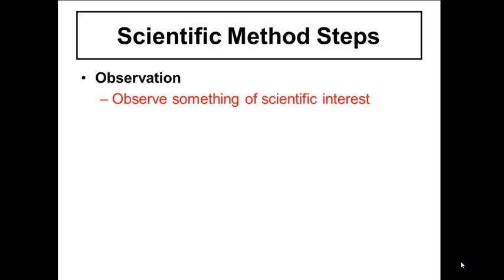The steps that are involved in this systematic process are key. And there are steps that you and I use when we say, hey, man, the light bulb is not working. What's my hypothesis? What's the experiment I'm going to use? These are the steps in the system that we're going to use to answer our questions. It all starts out with that observation. I'm going to observe something of scientific interest.